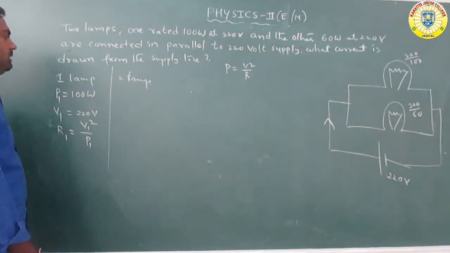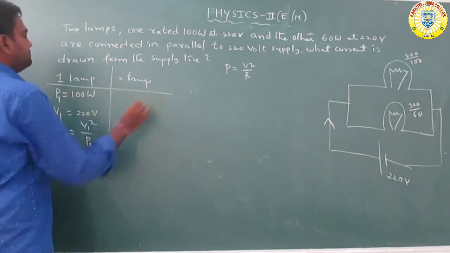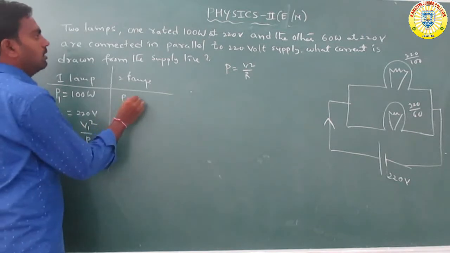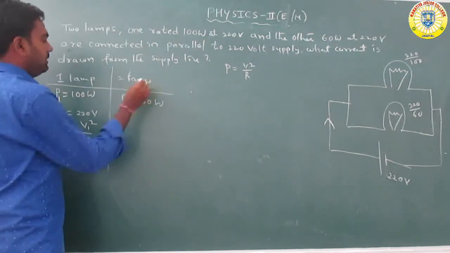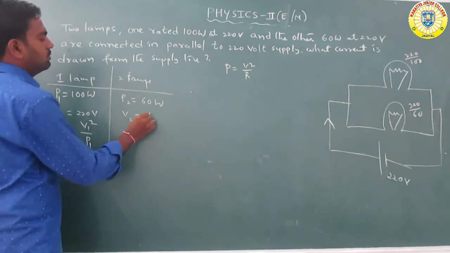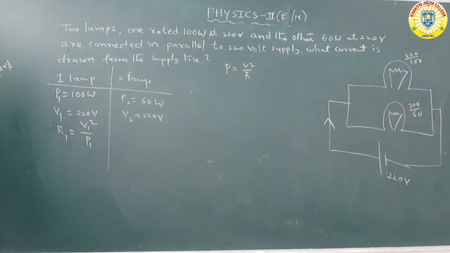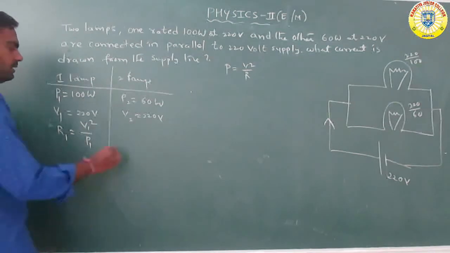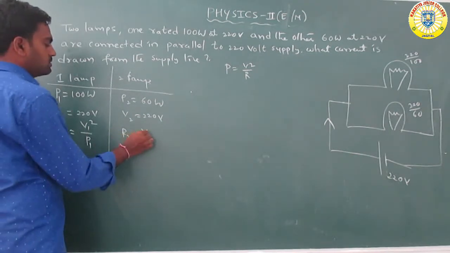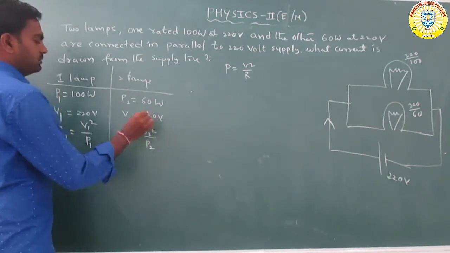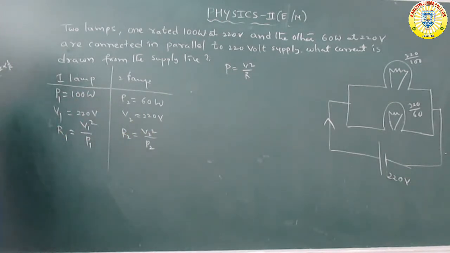For the second lamp, P2 is equal to 60 watts and V2 is equal to 220 volts, and R2 is equal to V2 square by P2.